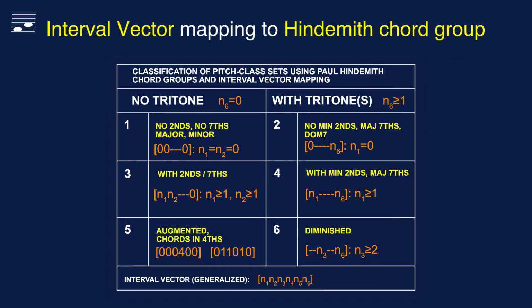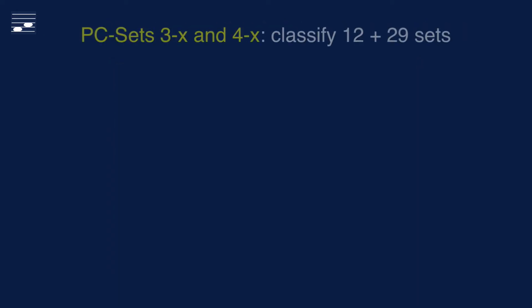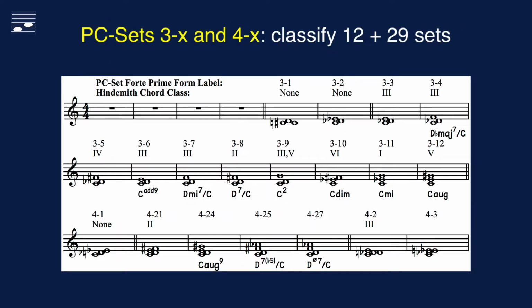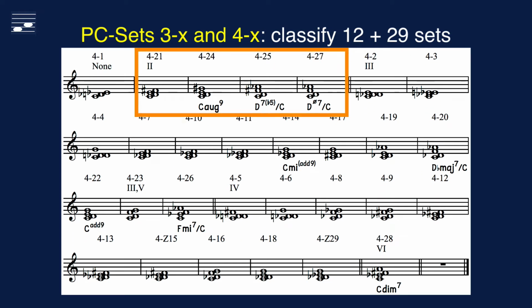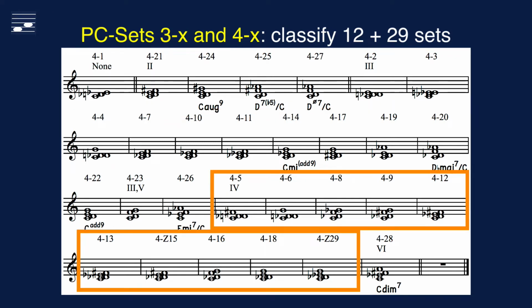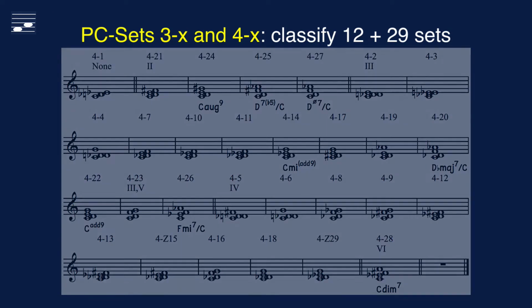We use this diagram when inspecting the PC set interval vectors and categorize the possible sets into a Hindemith chord group. For 3-part structures, the result was 9 usable sets, including the 4 diatonic triads. In this episode, we apply the same process to the 29 possible 4-element PC sets.